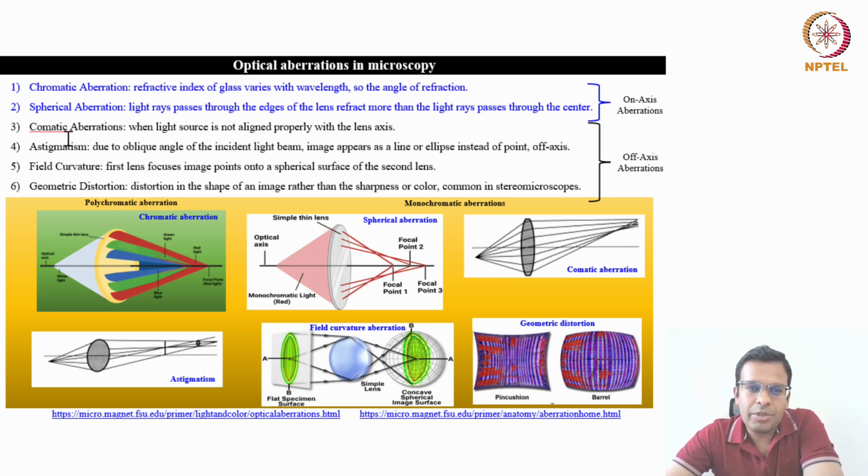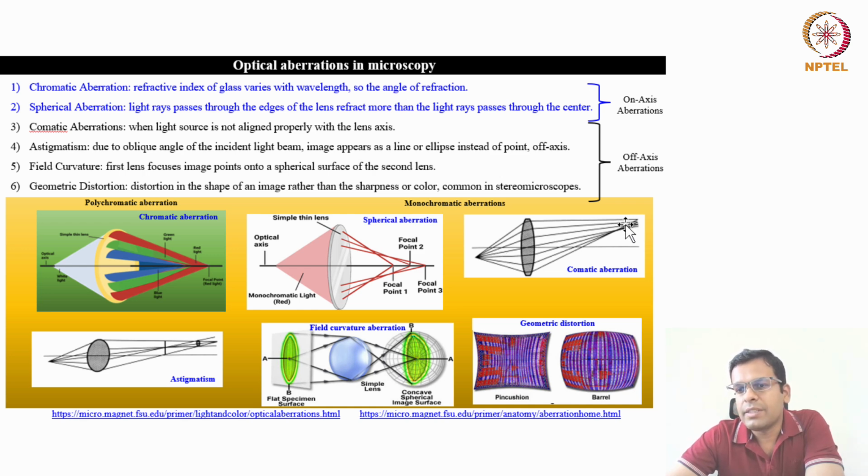Then the third type of aberration is known as chromatic aberration. Here you can see the light source is not very well aligned with the optical axis of the lens. Let's say the light source is slightly away from the optical axis, and if there is not a perfect alignment, then it may create a comet-like appearance of the point source in the image.